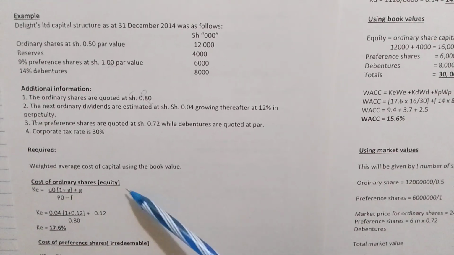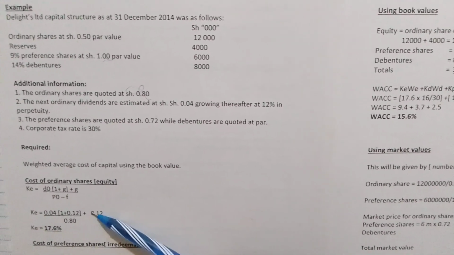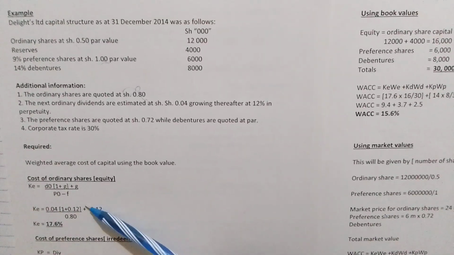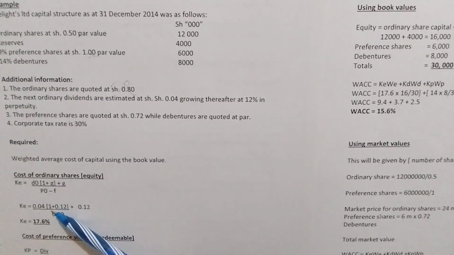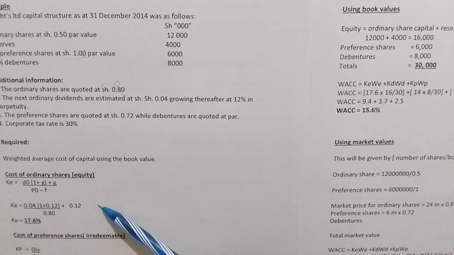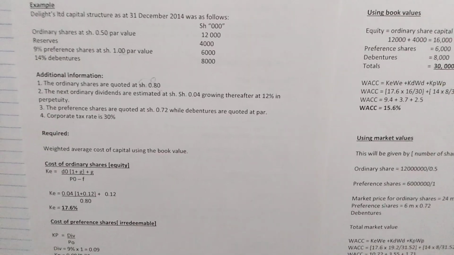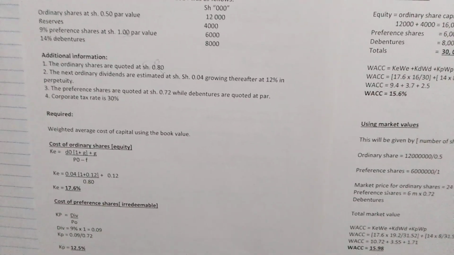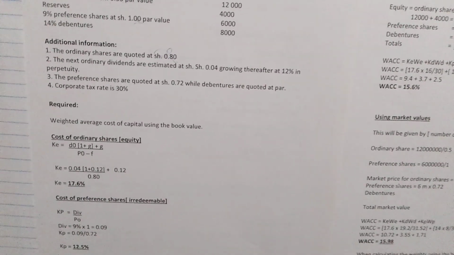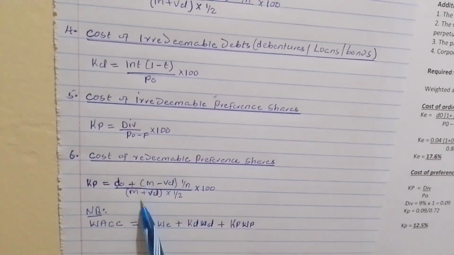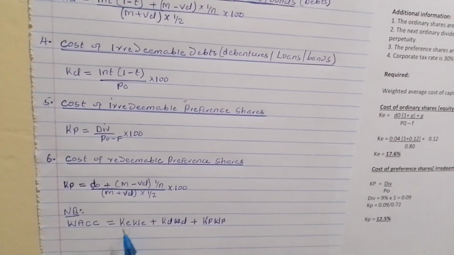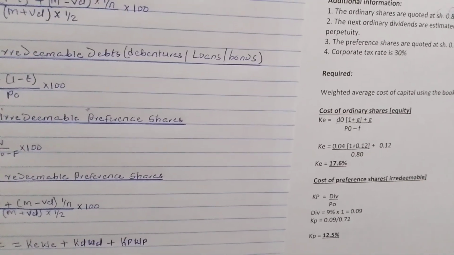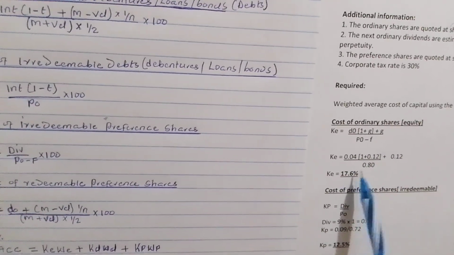Then you plus G, the growth rate, 0.12. You work this out, then multiply by 100. The cost of equity will be 17.6%. Note the 17.6 because it will be used when we start calculating WACC as the cost of equity.